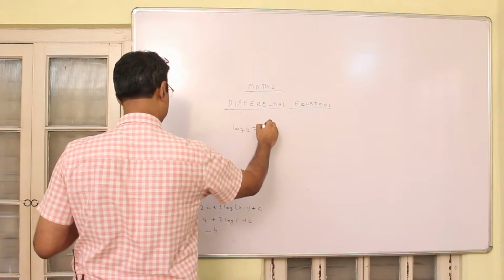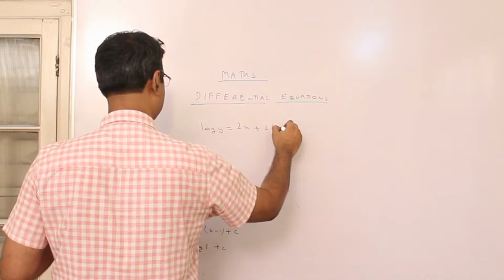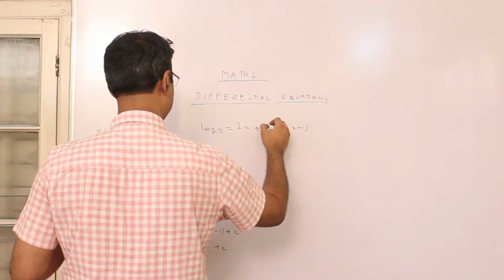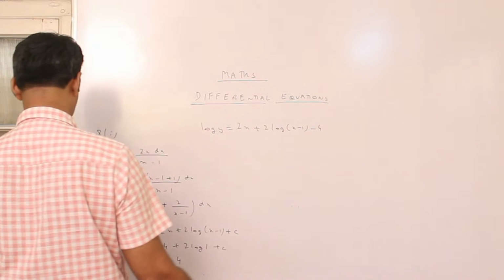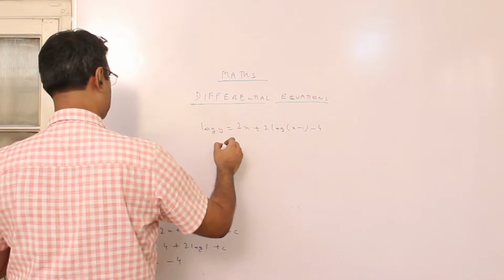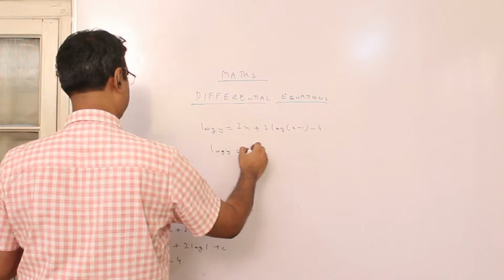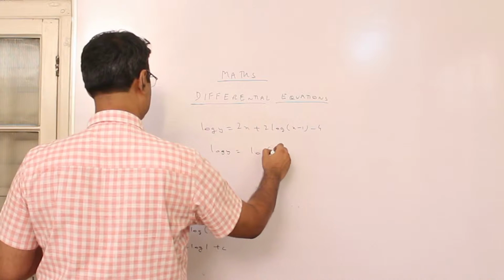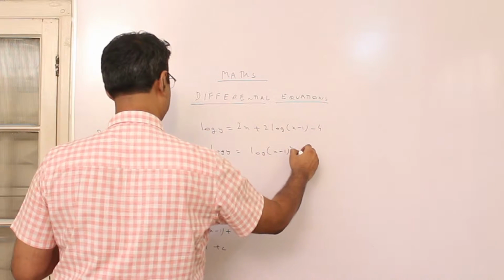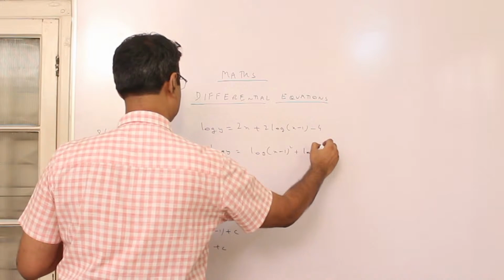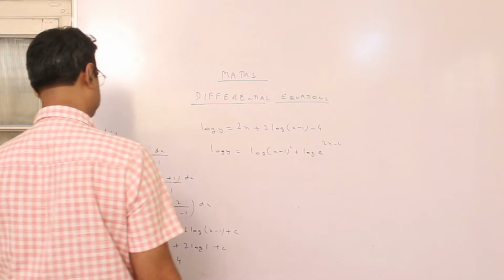So log y is equal to 2x plus 2 log x minus 1 minus 4. So we can write log y is equal to log x minus 1 whole square plus log e to the power 2x minus 4.